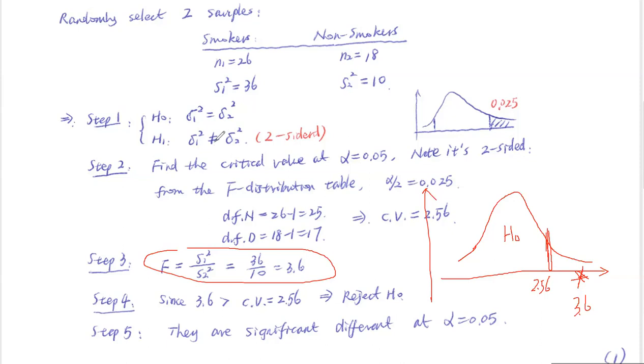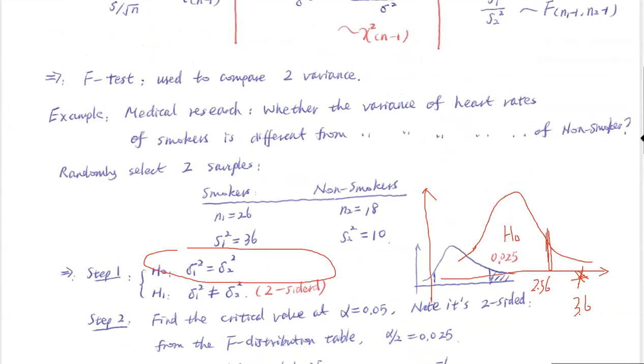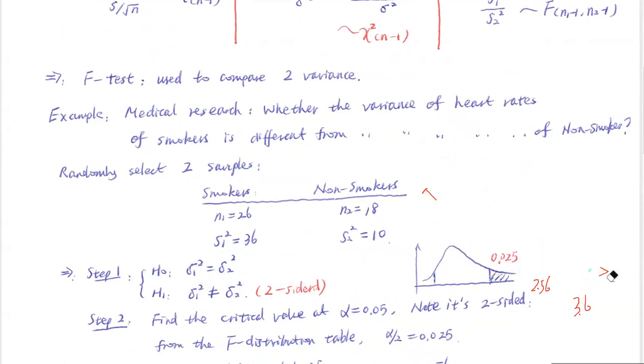Why do we care about H1? H1 is the statement. So remember what our statement is trying to say here. Is there any significant difference? So what's our conclusion here? Yes, H1 is right. There's a significant difference between the group of smokers and the non-smokers.